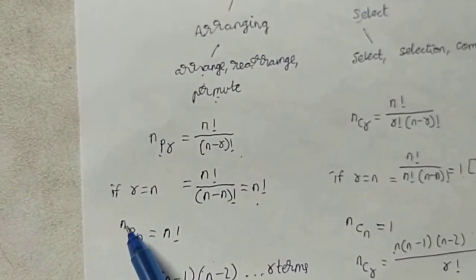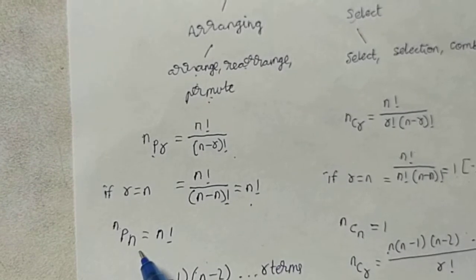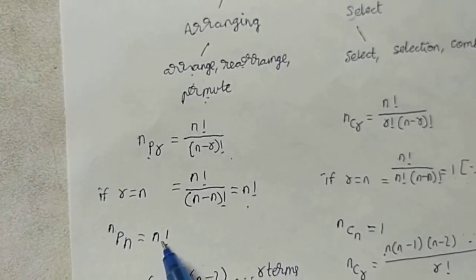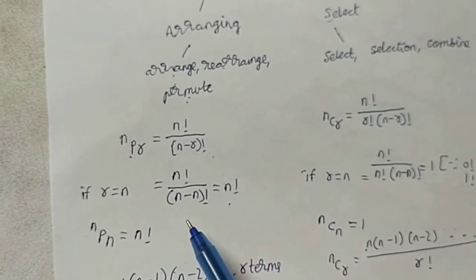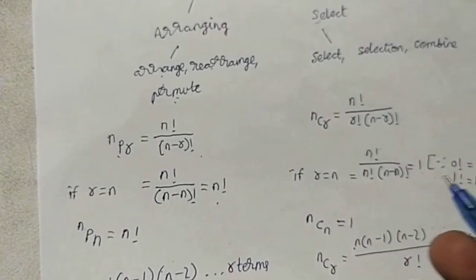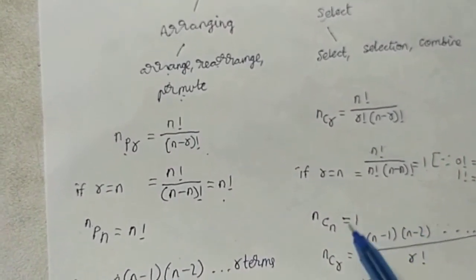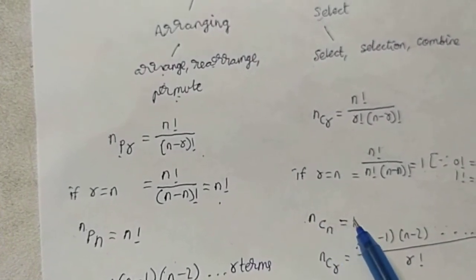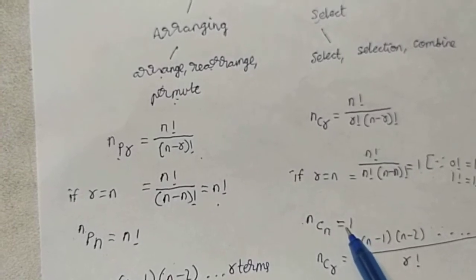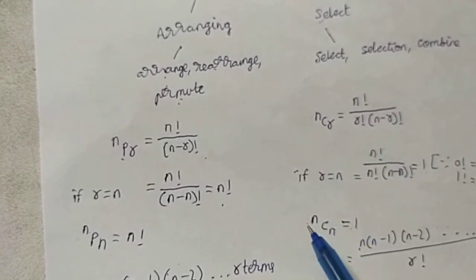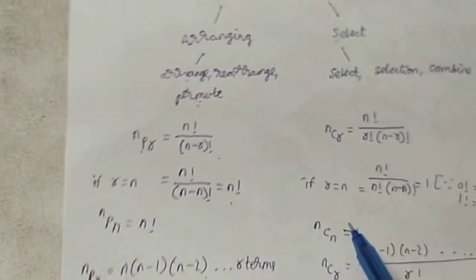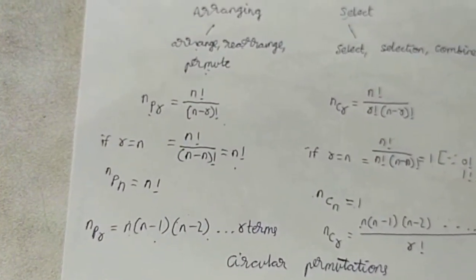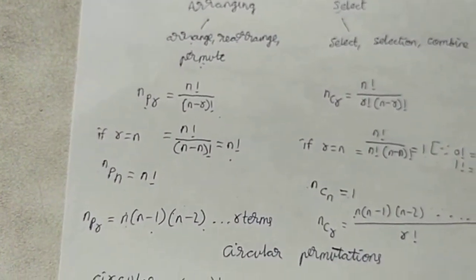If both the n value and r value are equal, then there will be n factorial in permutations, whereas in combinations, if n and r are equal, the value of nCn is only 1. I am telling the simple formula for permutations and combinations.